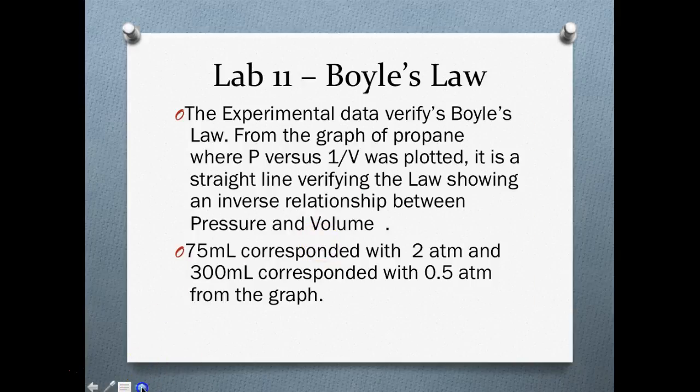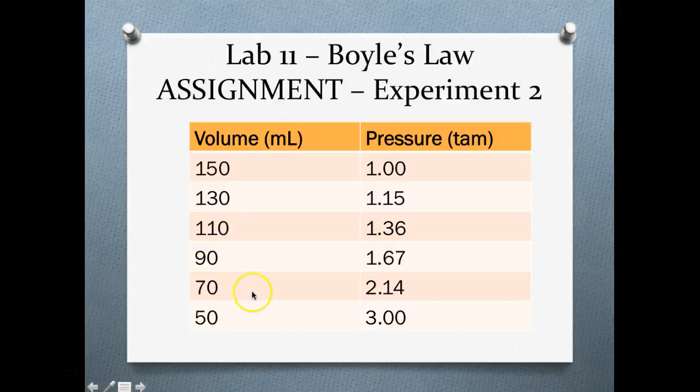So in the second experiment, when you did the same experiment with butane, you can see that the numbers are so similar, all right? From 150, by the time you get down to 50 ml, you can see that same trend.